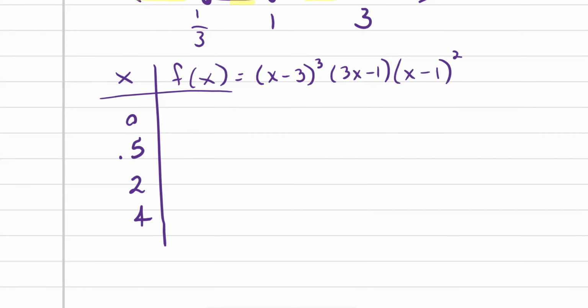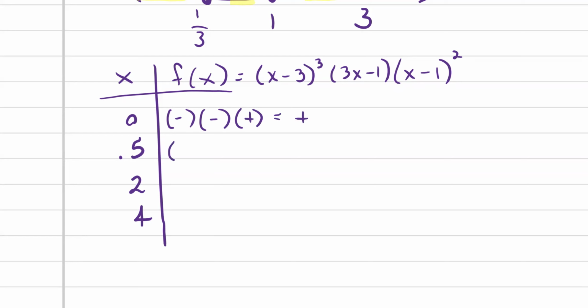Okay, so again, when we put in 0 for all of this, we end up with 0 minus 3 to the third becomes negative. 3x minus 1 with a 0 in it also becomes negative. 0 minus 1 squared is negative, but squared becomes positive. So the last ultimate sign is a positive.